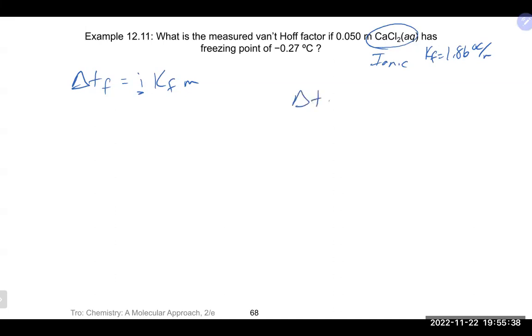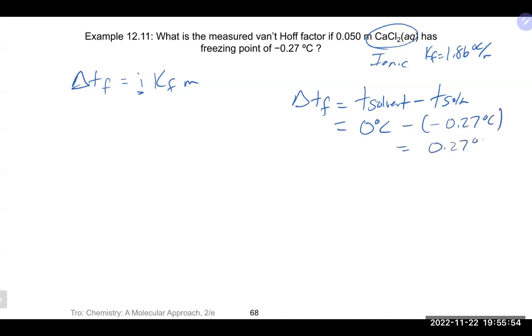Remember, our change in freezing point is the temperature where the solvent freezes minus the temperature of the solution. Water normally freezes at 0 degrees, minus minus 0.27 degrees Celsius, and that gives us our 0.27 degrees Celsius. Again, that is how we get rid of the negative here.